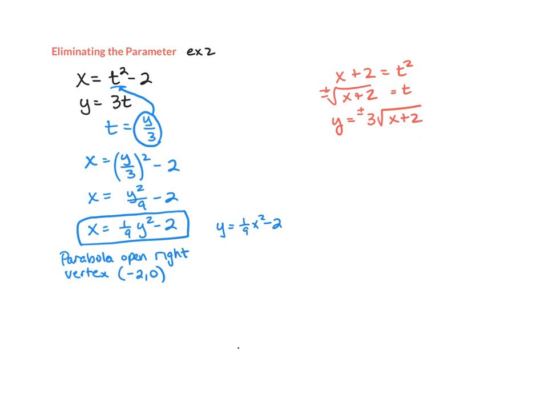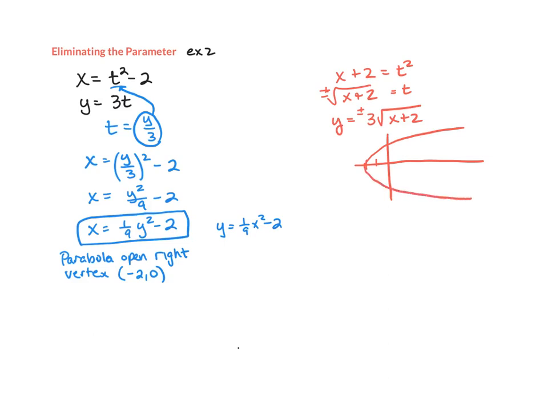Now, that one, you probably know what that looks like pretty easily. It's a square root graph shifted 2 to the left, and it's going to have a vertical stretch of 3. The positive square root, 3 times the square root, would be like this. The negative square root would be like this.